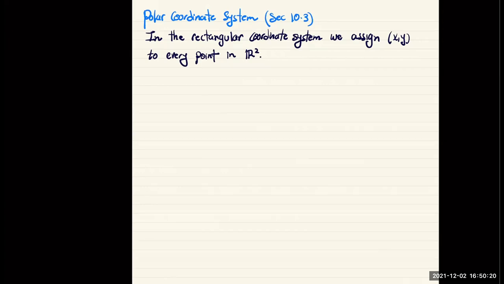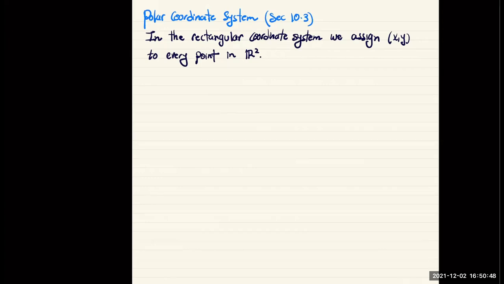So to understand the polar coordinate system, let's talk about the polar plane. When you learned how to work in R2, you were introduced to the xy plane, right? So we have to know what a polar plane is.